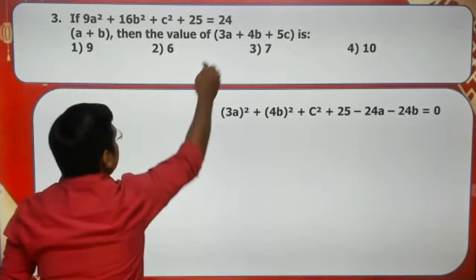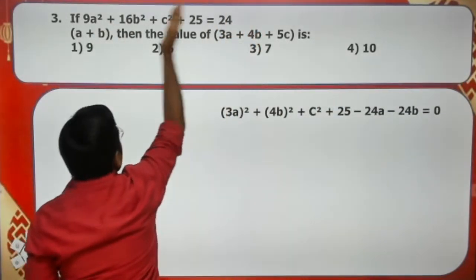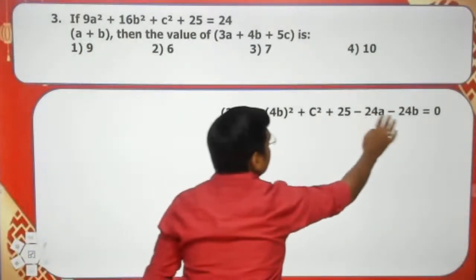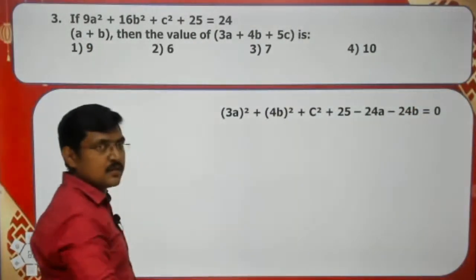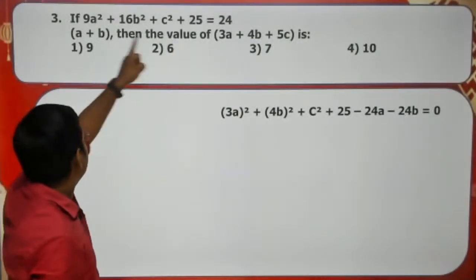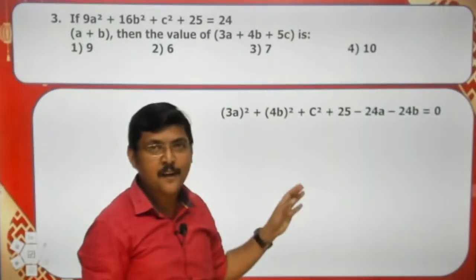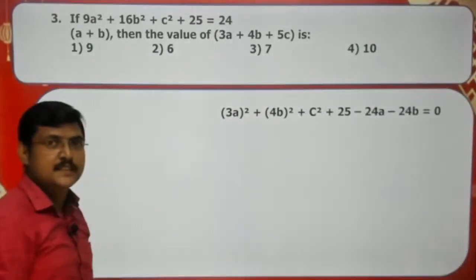I am opening this: 24 into a plus 24 into b, and I am taking it all to the left hand side, then it becomes minus 24a minus 24b, because on the right hand side, on applying the distributive property, it is 24a plus 24b. On taking to the left hand side it becomes minus 24a minus 24b is equal to 0, right?